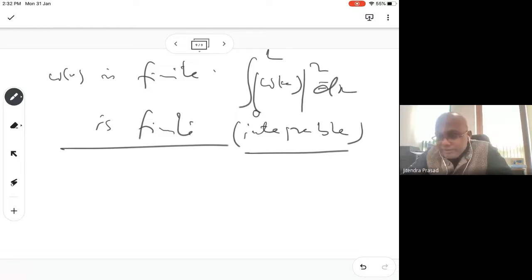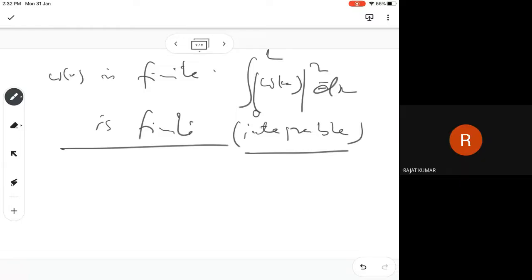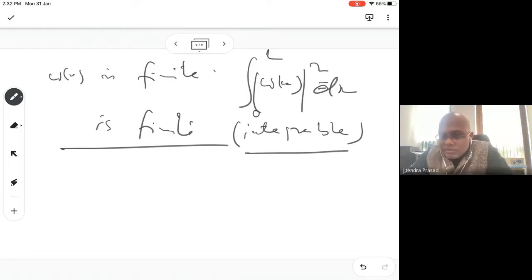Sir, it can be understood in such a way that with two endpoints or two boundary points, we are assuming an arbitrary function. The function is defined within the endpoints. That's why it is finite. But it can run in between. As long as it's integrable, it's okay, no?